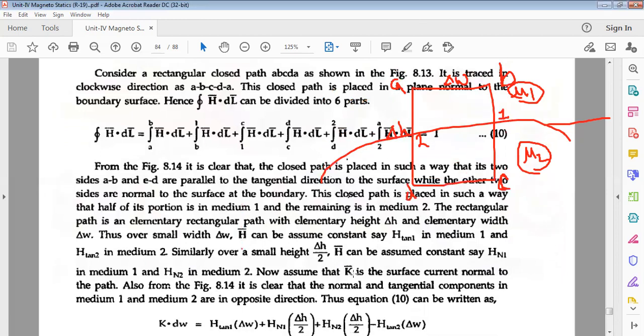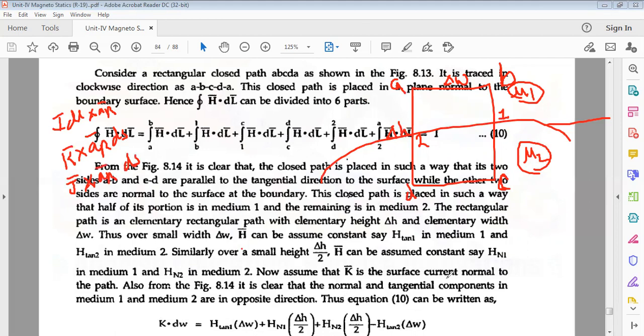Got it, my friends? Now assume that K bar is a surface current normal to the path. Whenever in the magnetic field we use I dl bar cross a_R bar, then for the surface we take K bar cross a_R bar ds, and for the volume integral J bar cross a_R bar dv.